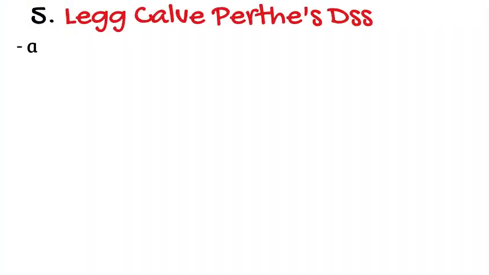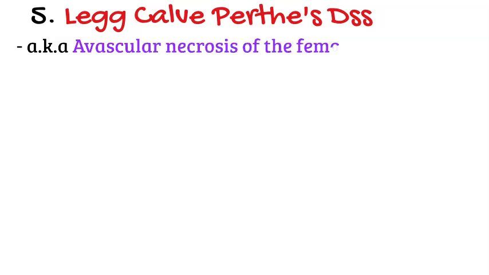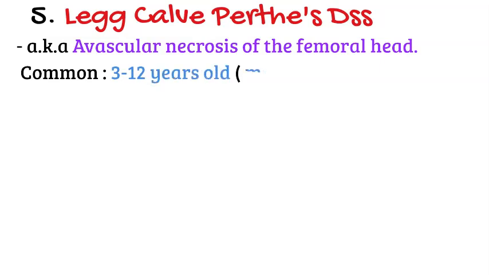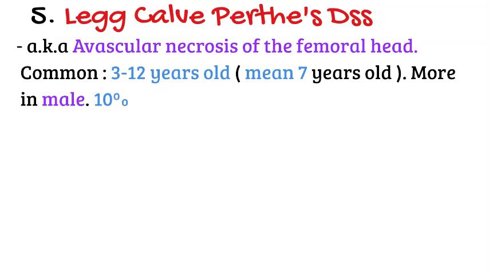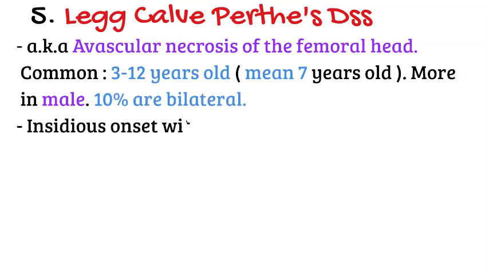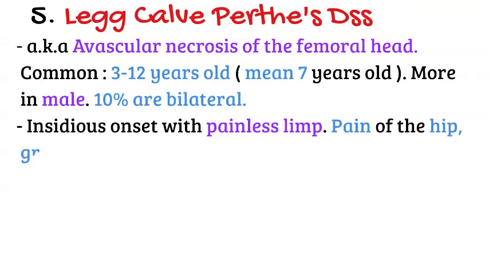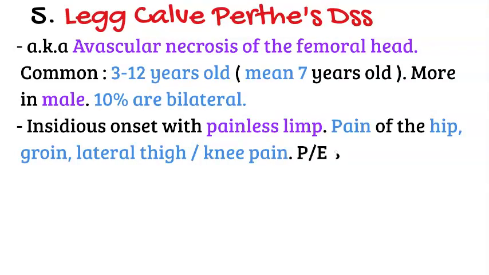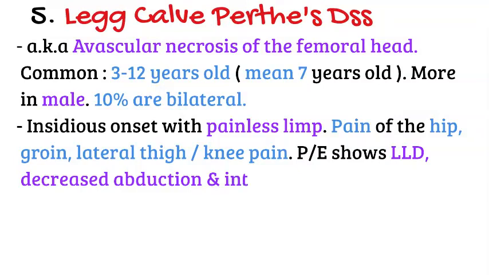Number 5, regarding Legg-Calvé-Perthes disease, also known as avascular necrosis of the femoral head, commonly occurs at the age of 3 to 12 years old. The mean is around 7 years old. More in males, 10% are bilateral. Insidious onset with painless limp, pain of the hip, groin, lateral thigh or knee.